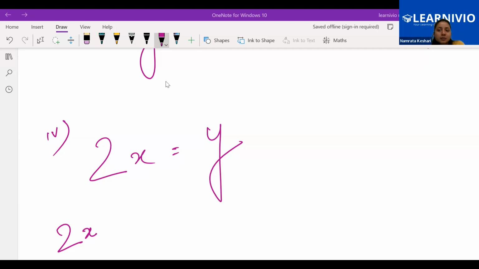Okay, Hanan, please tell me. Yes, ma'am. 2x equal to y we are having, Hanan. So how will we write it in standard format? Check it.